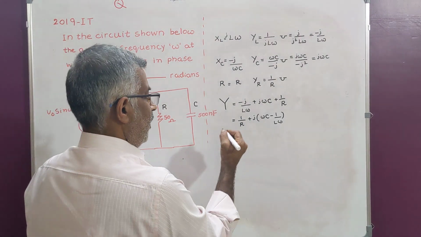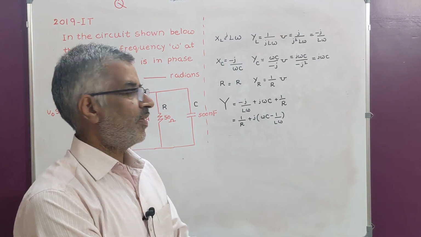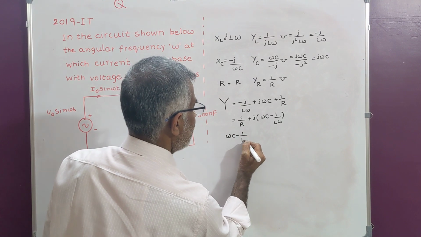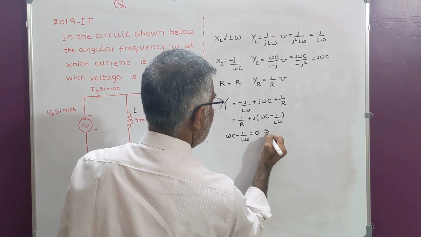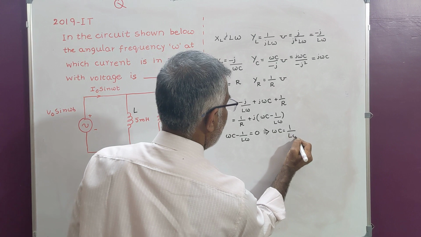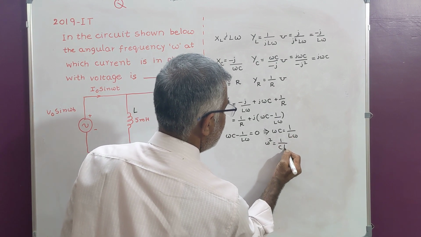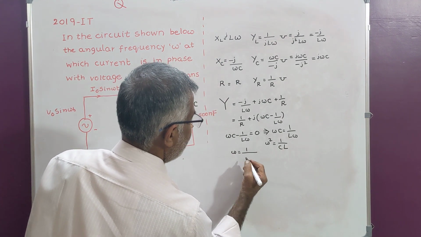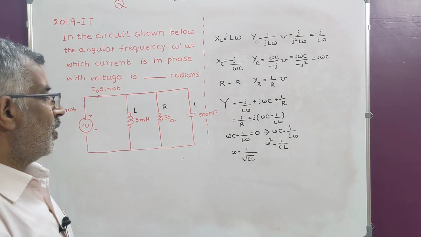This is the real part, this is the imaginary part. The imaginary part is made equal to 0. Therefore omega C minus 1 by L omega equals 0. That implies omega C is equal to 1 by L omega, or omega squared is equal to 1 by CL, or omega is equal to 1 by root CL.